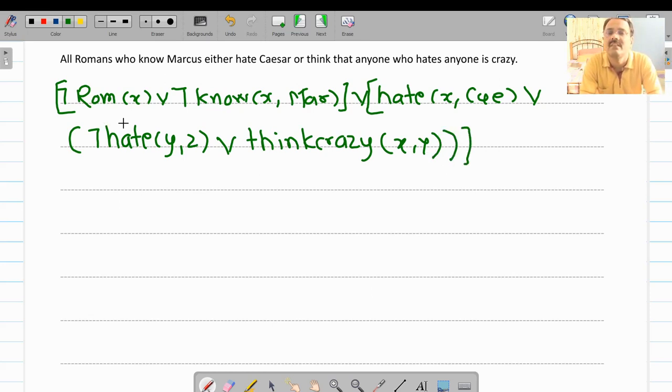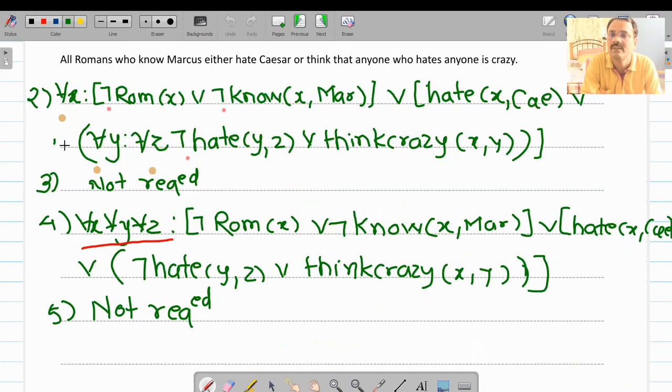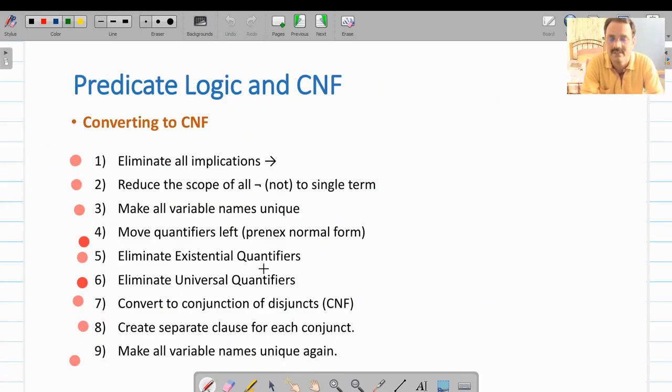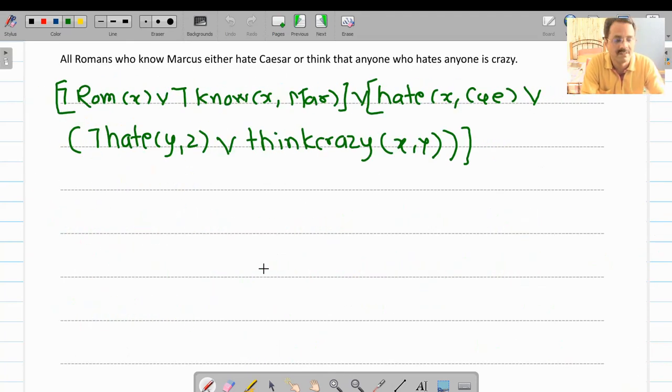So this is the resultant formula after removing your quantifiers. Whatever form you have got now, this is step number 6, eliminate universal quantifier. This is the output of step 6.